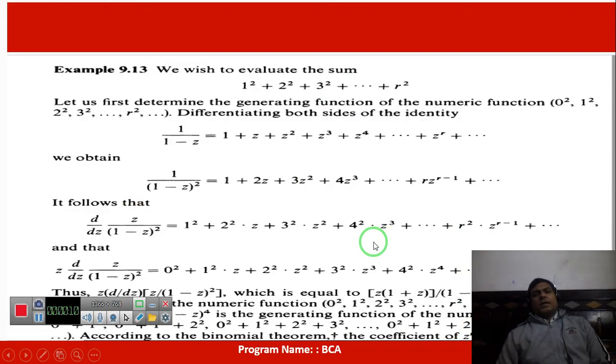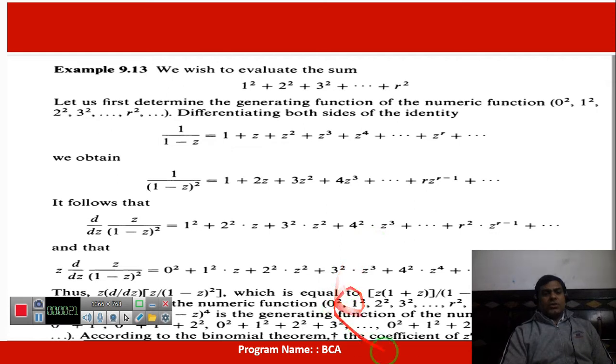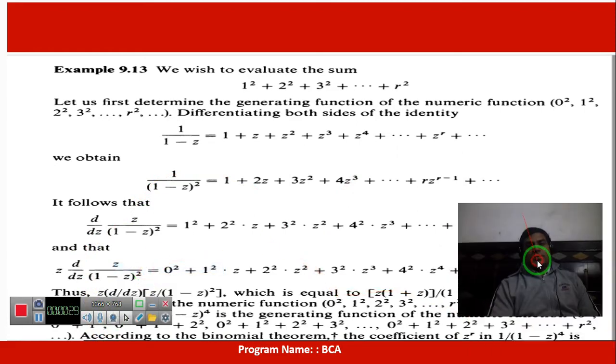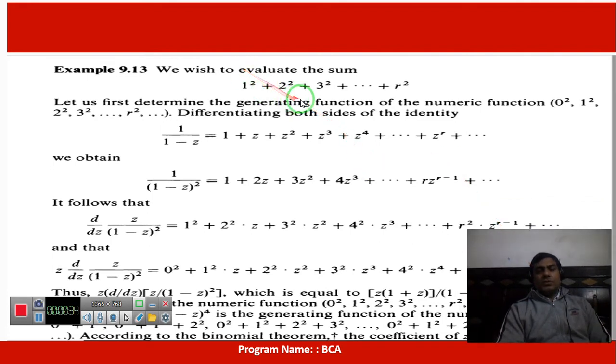This is the third lecture of recurrence relations, on generating functions. As the name suggests, for a generating function we have to generate the series first.